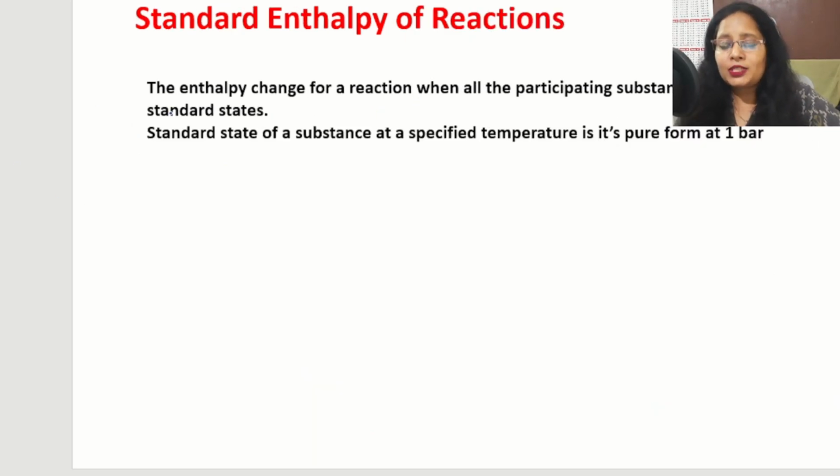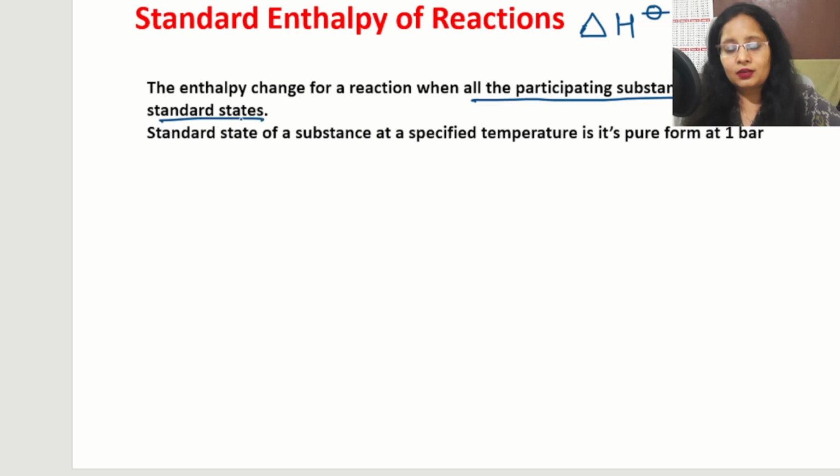Now let's come to the next point, standard enthalpy of reaction. It is denoted by delta H with a superscript circle and a slash mark. We can denote standard enthalpy of reaction like this. It is the enthalpy change for a reaction, as we already studied, when all the participating substances are in their standard states. Now what does this term mean? Standard state.